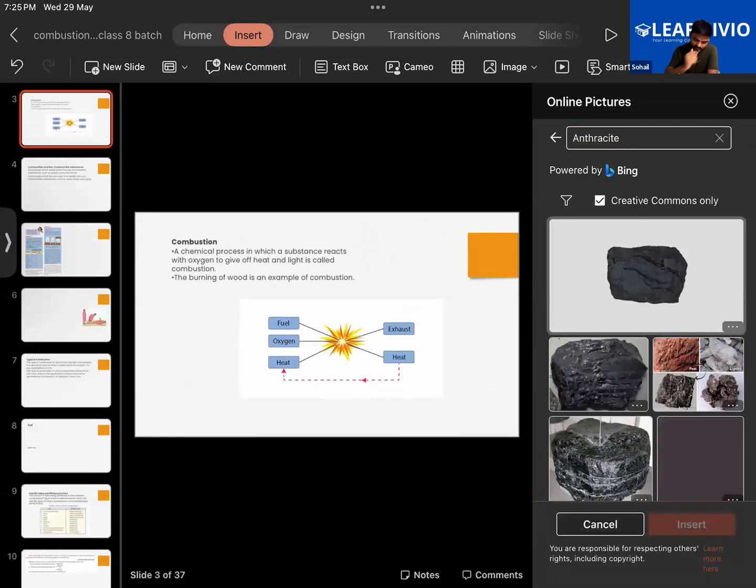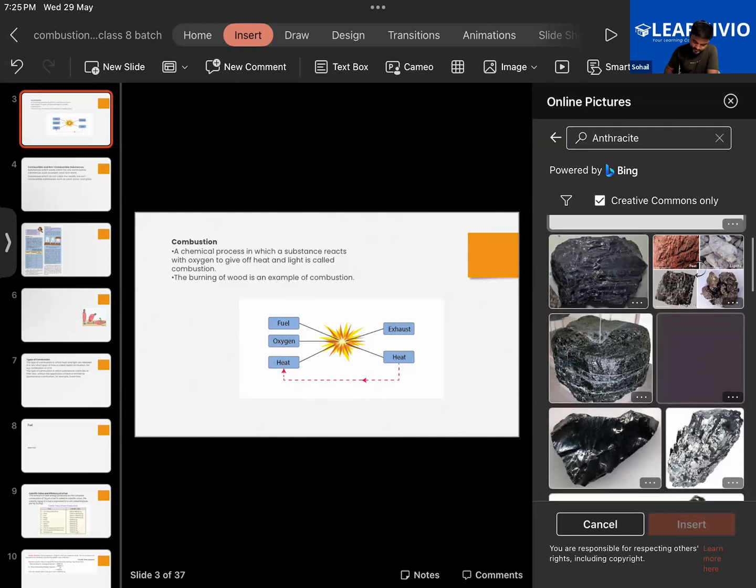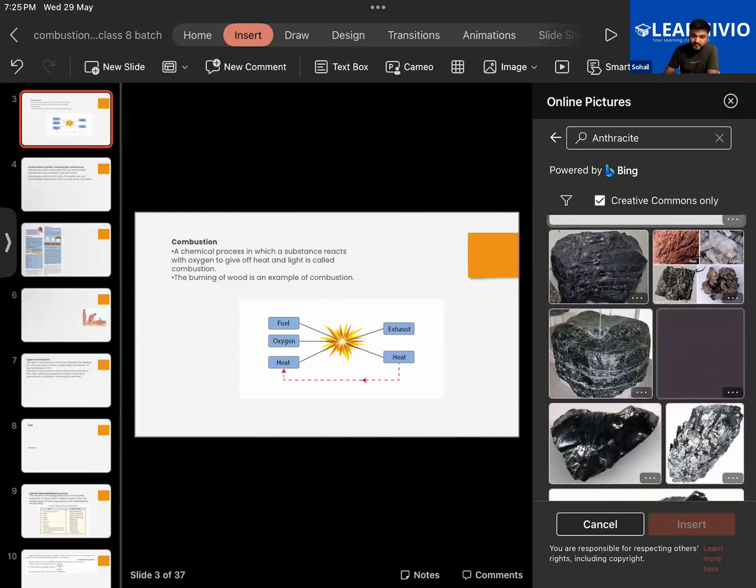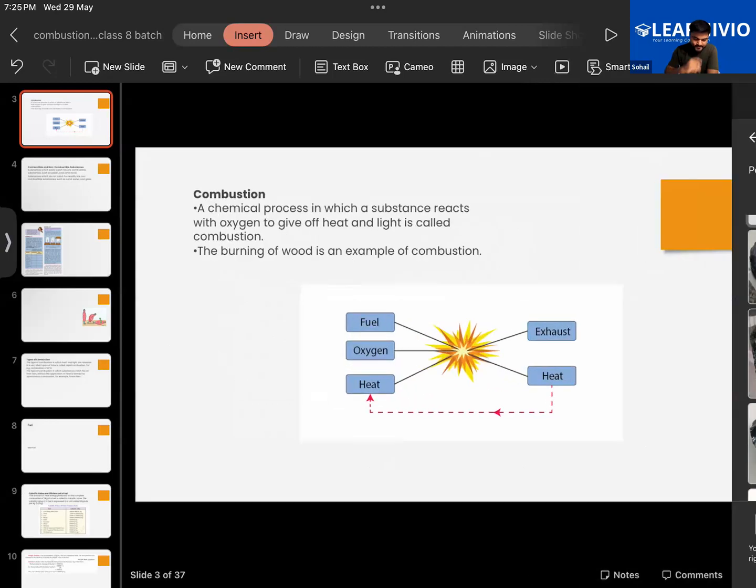See, look at this. That is anthracite, right? Okay.